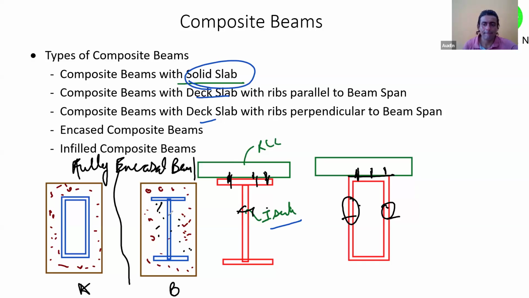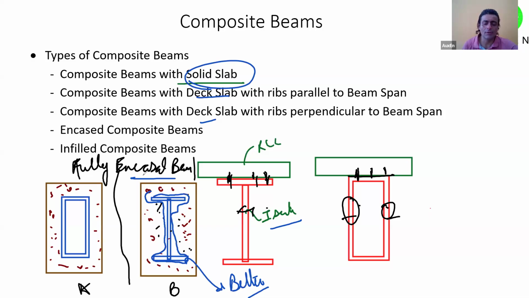So, in my opinion, the encased section with I-beam will be a better option because this is providing you more surface area for the composite action to set in. You understand this point?